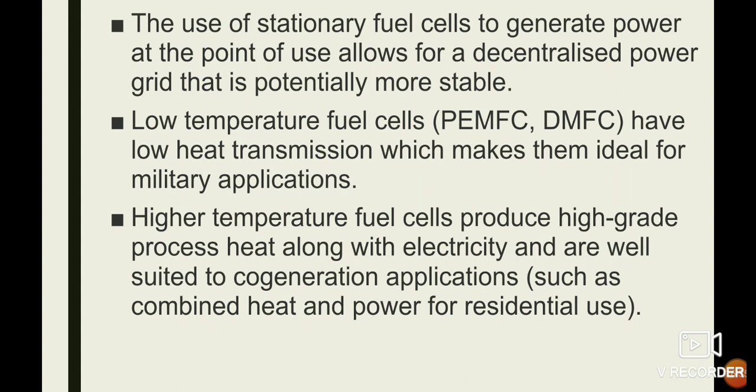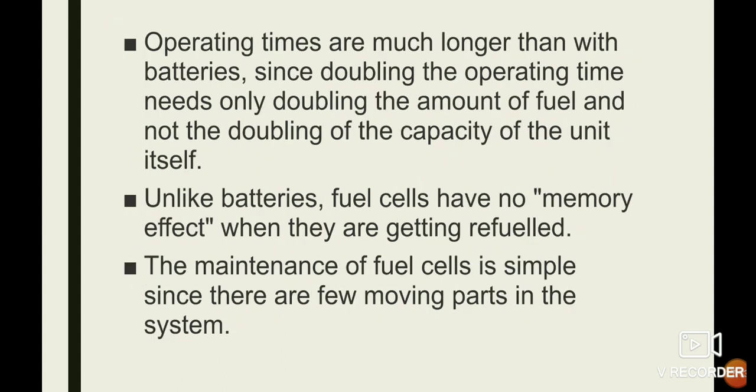Low temperature fuel cells, for example PEMFC, proton exchange membrane fuel cell, and DMFC, direct methanol fuel cell, have low heat transmission, which makes them ideal for military or defense applications. Next, higher temperature fuel cells produce high grade process heat along with electricity and are well suited to cogeneration applications such as combined heat and power for residential use.